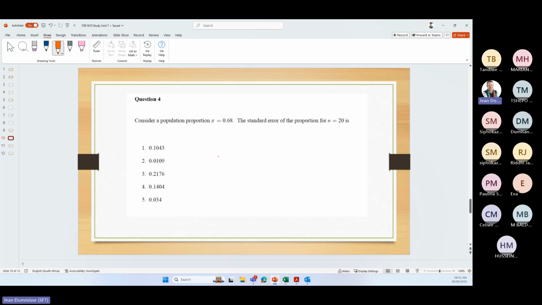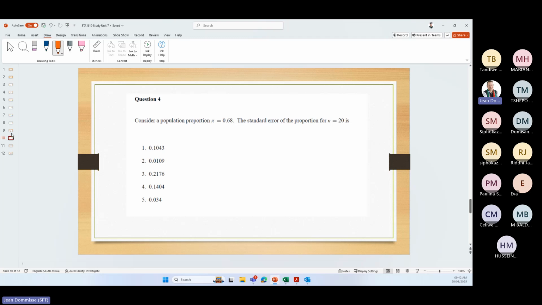Now we just have a normal question around standard error. So again, be very careful with these. Here you don't have enough information to work out a Z or a probability.